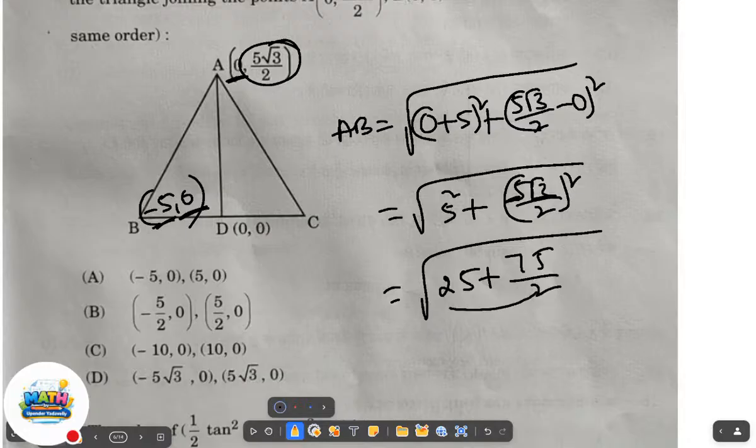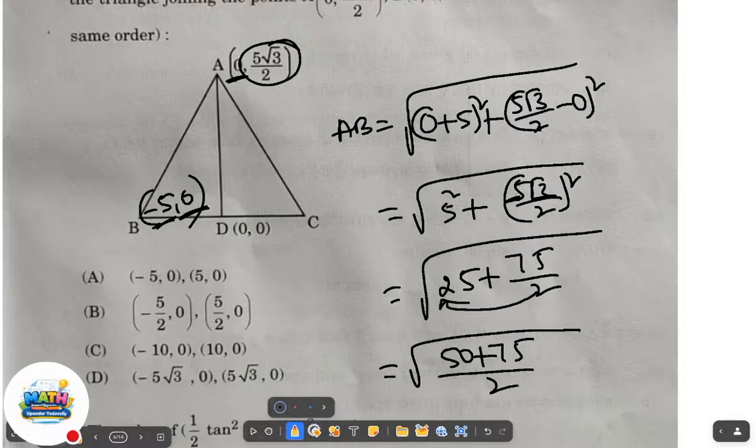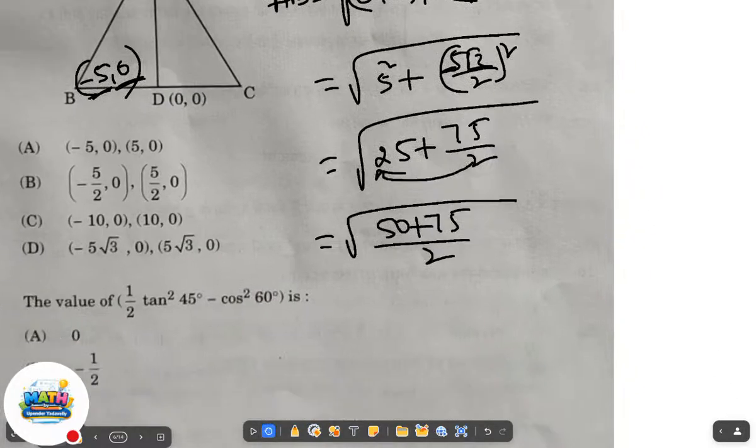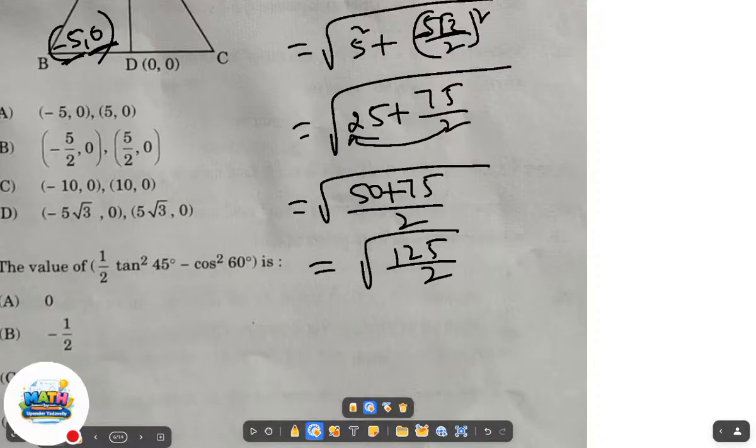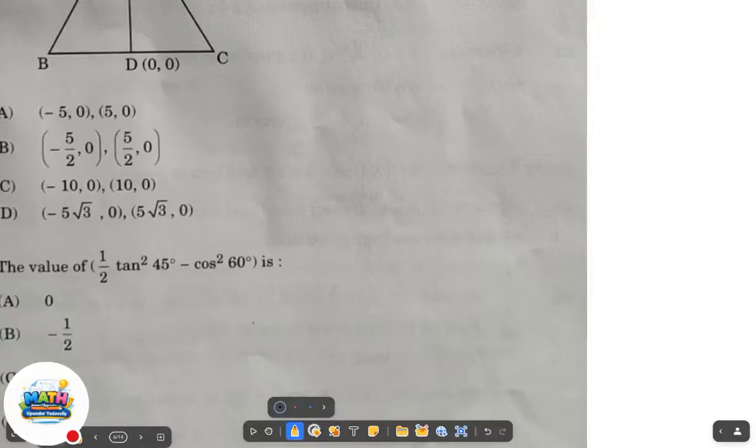So what do you get if you take the common denominator? 25 into 2 is 50 plus 75 by 2, so how much? 125 by 2. So root of 125 by 2 is not equal to 10. So option A is wrong. Now let's take option B.